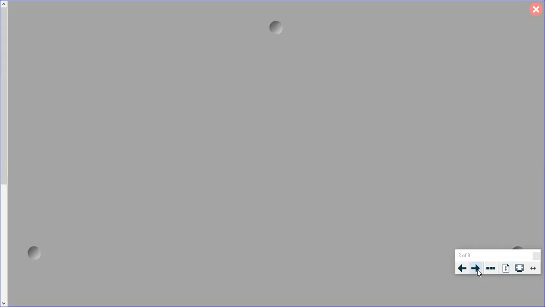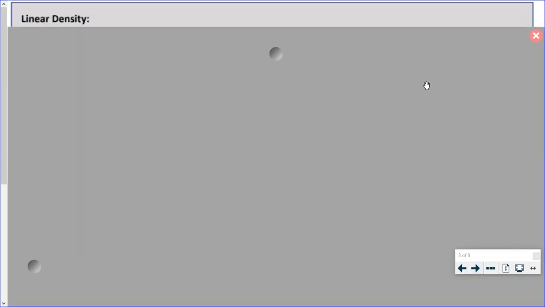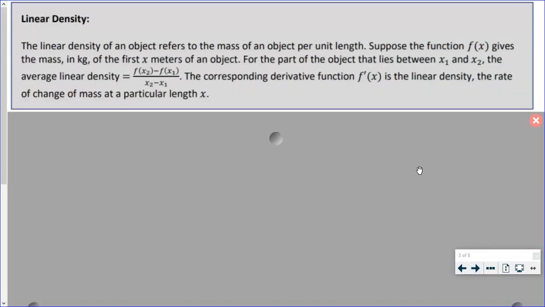Okay, so that brings me to example number 3. But example number 3 requires us to just have a little bit of clarification on the concept of linear density. So linear density of an object, here we put on our science hats, refers to the mass of an object per unit length.